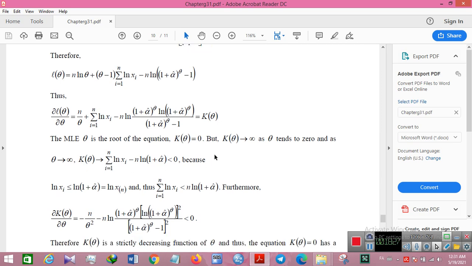So the equation chi theta equals 0 has one unique solution. We want to find it.